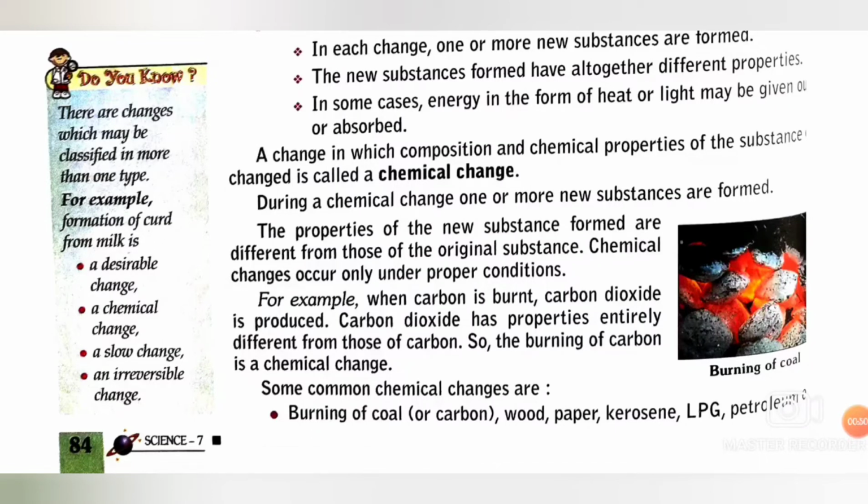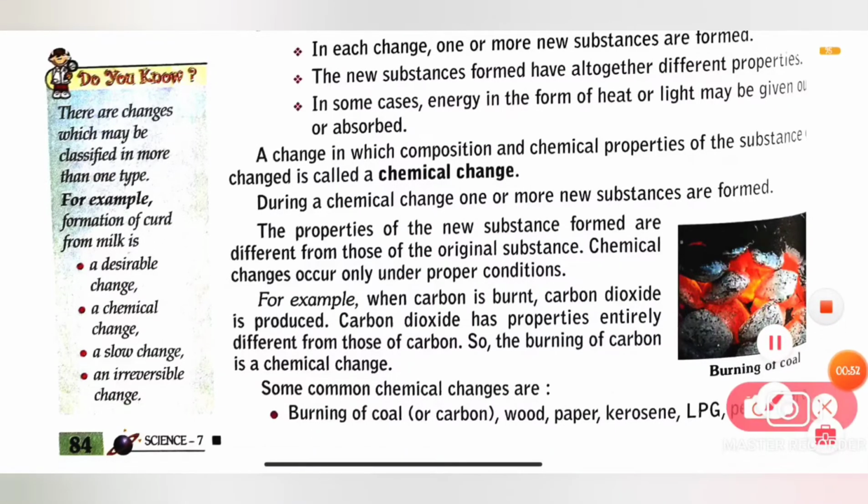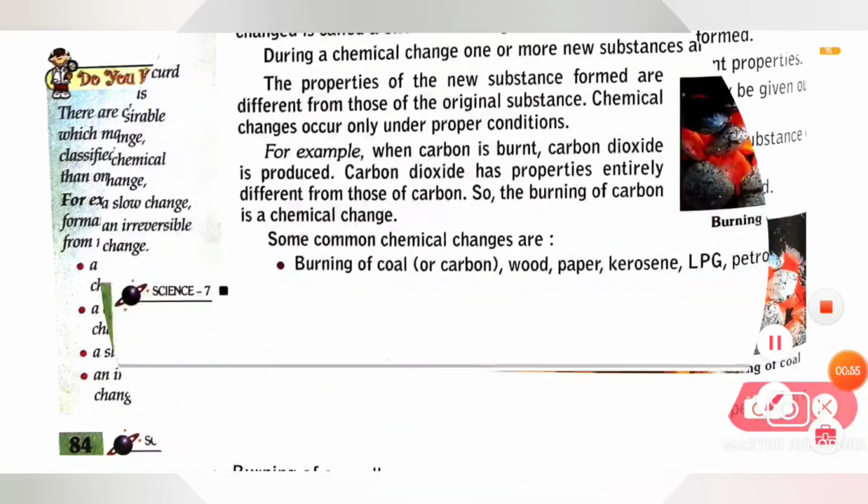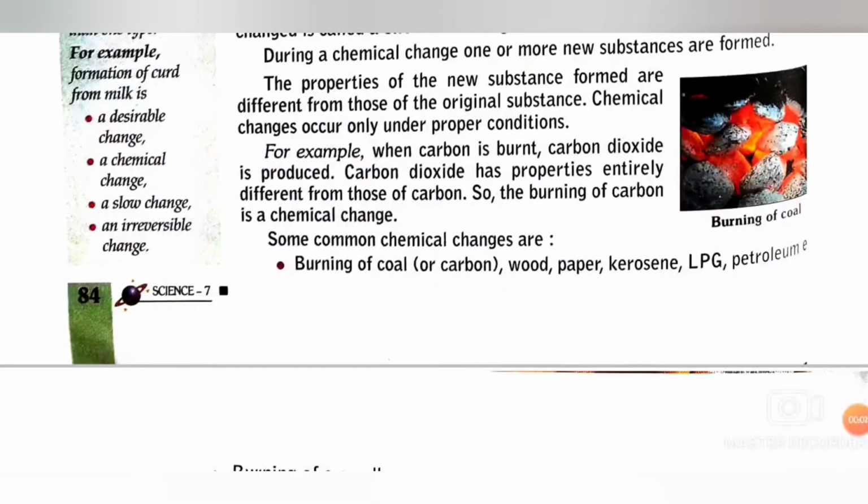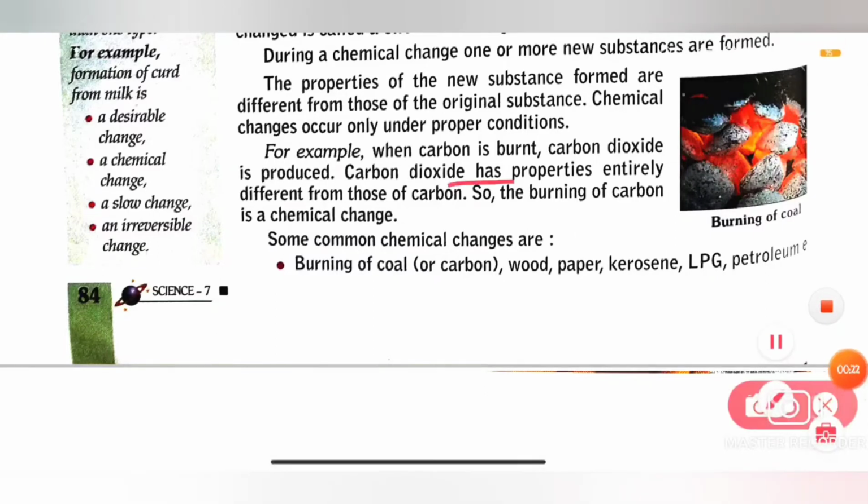Also, chemical changes may occur only under proper conditions. For example, when we burn coal or charcoal, they are made up of carbon, and when we burn it carbon dioxide is produced, and this carbon dioxide has properties entirely different from those of carbon.